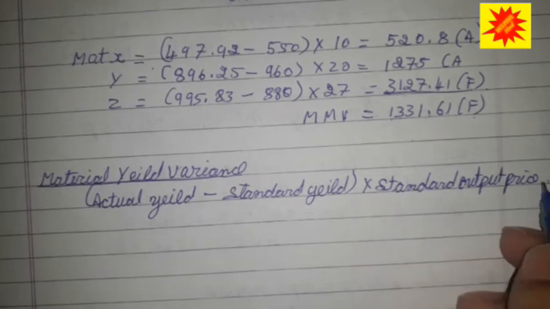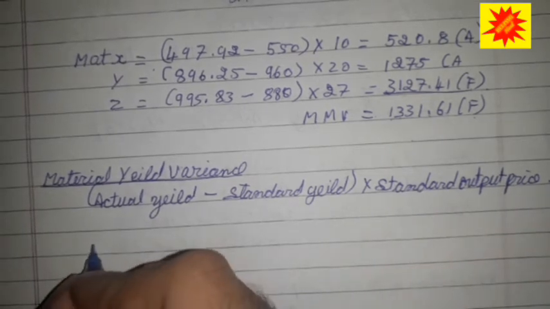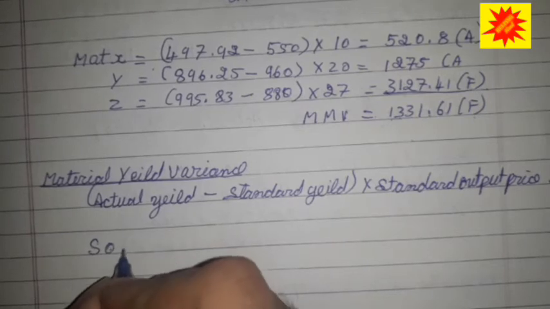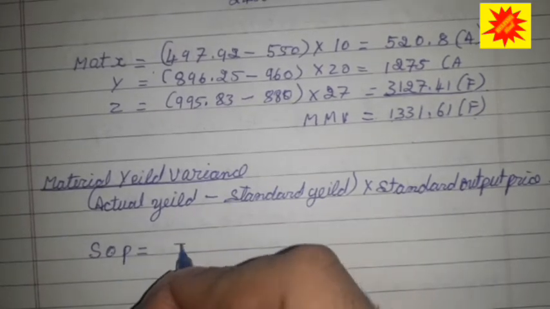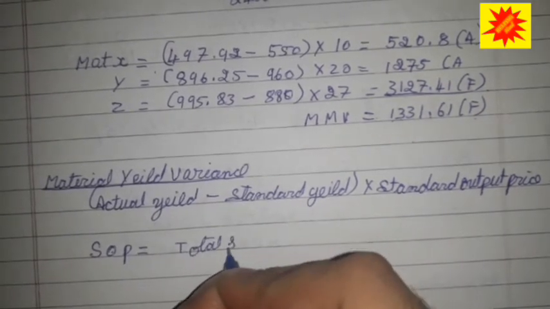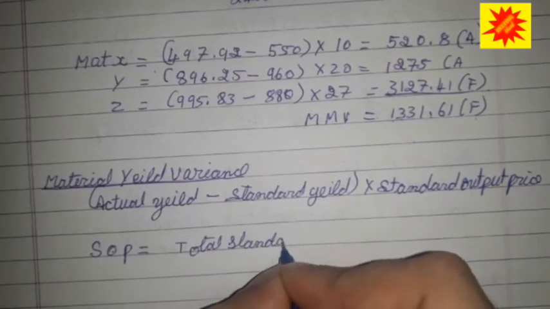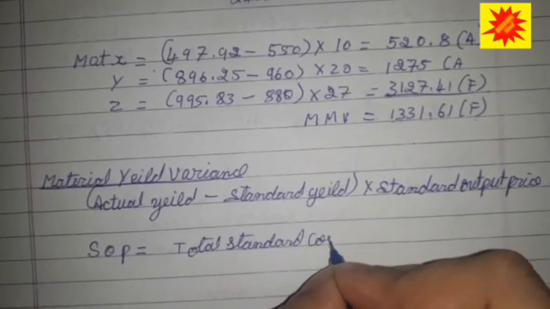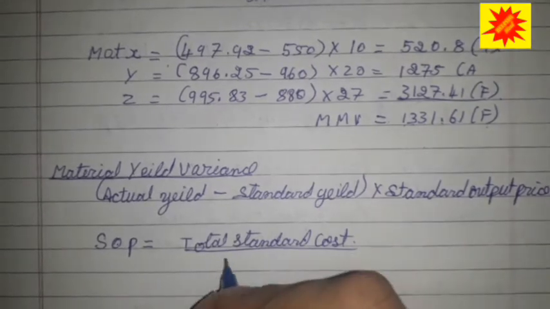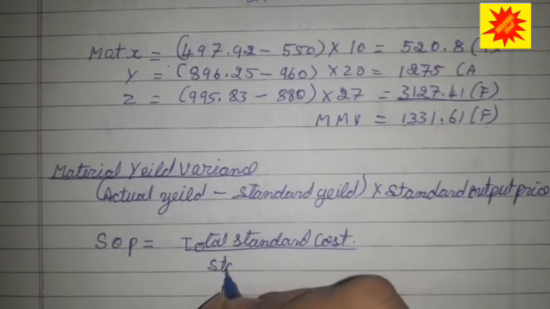So standard output price, first we have to calculate. Standard output price is equal to total standard cost divided by standard units.